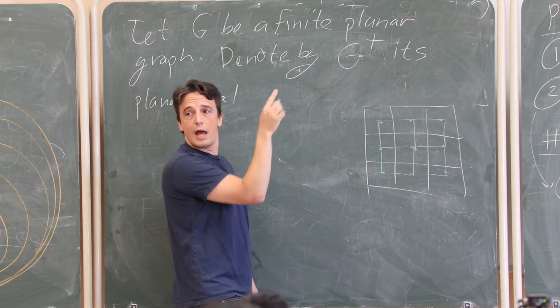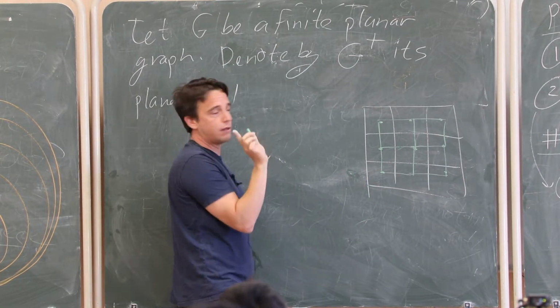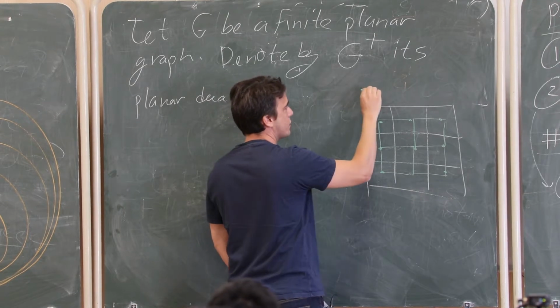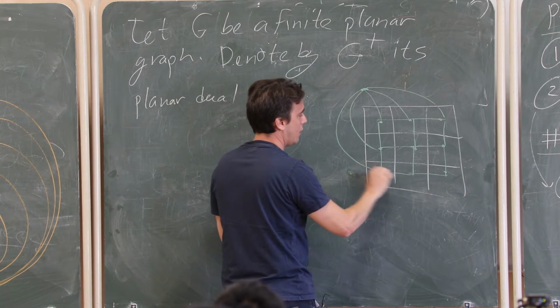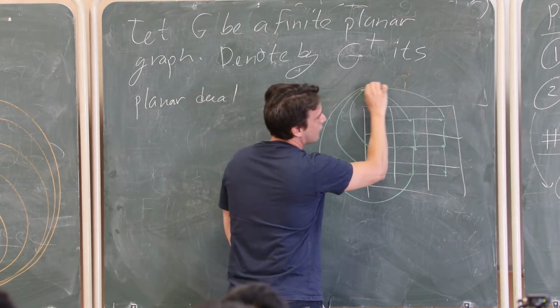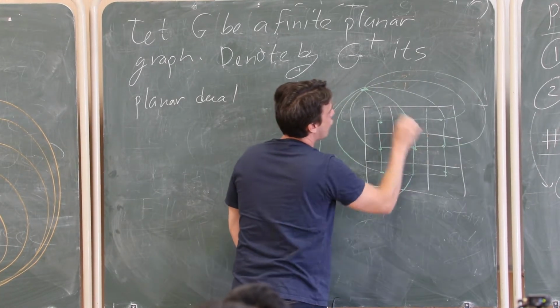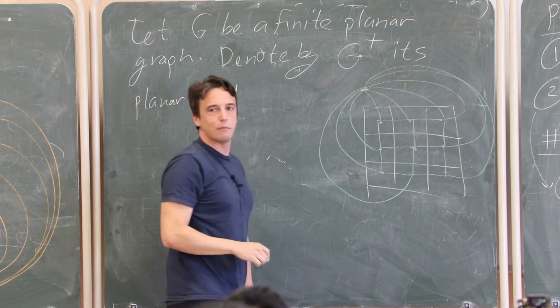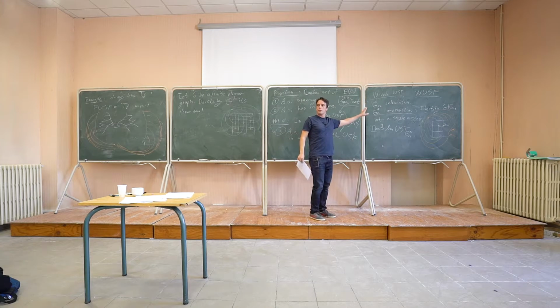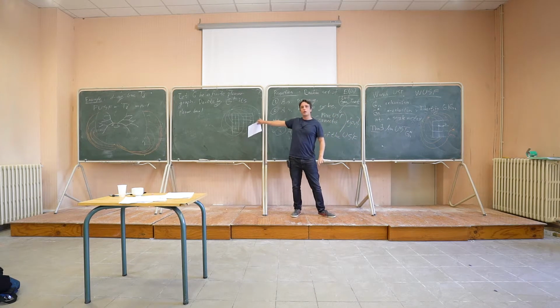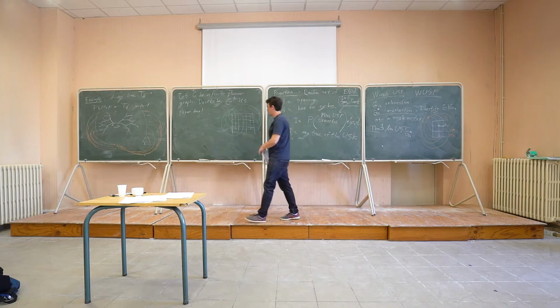And I'm also adding an edge for the outside face. This is always the rule. So in this case, I will add this face. And now, just by the drawing, you see that there's going to be some nice connection to a star exhaustion. That comes up naturally from the dual graph. So we'll say that in a moment.